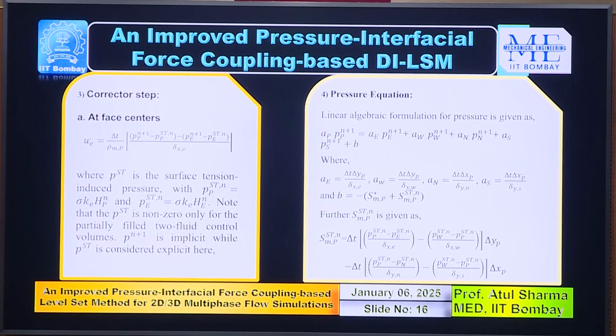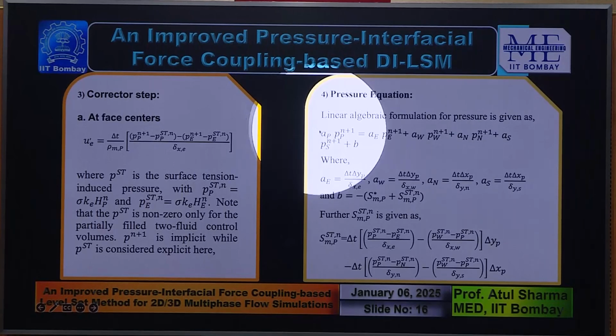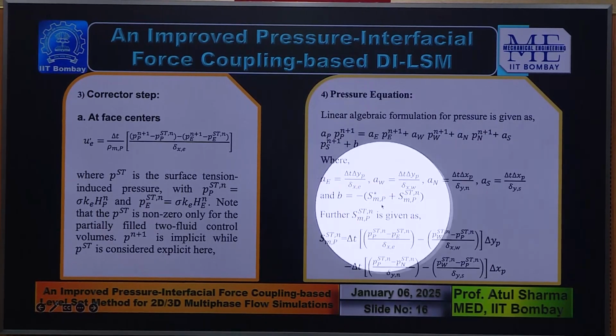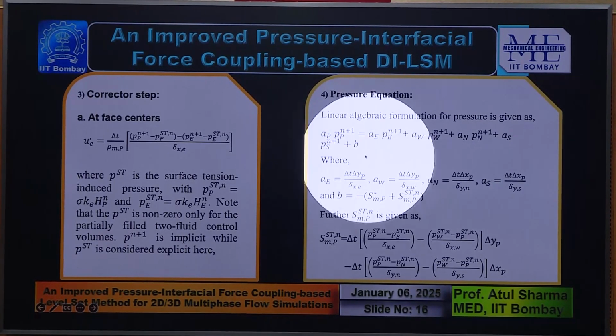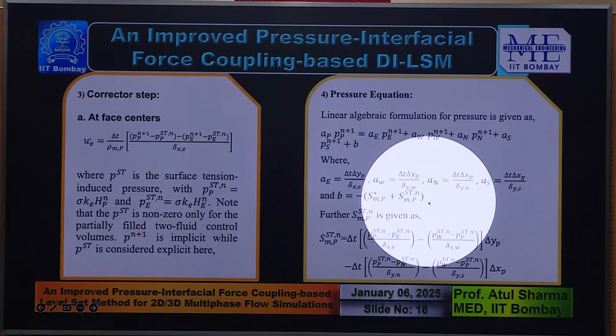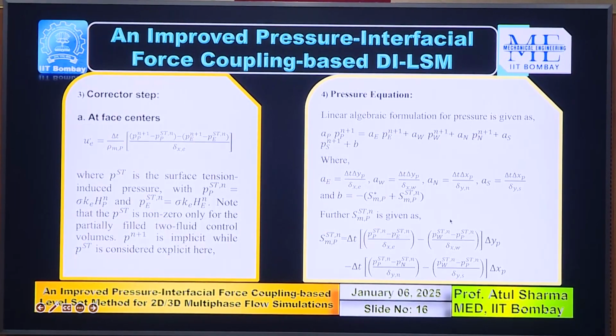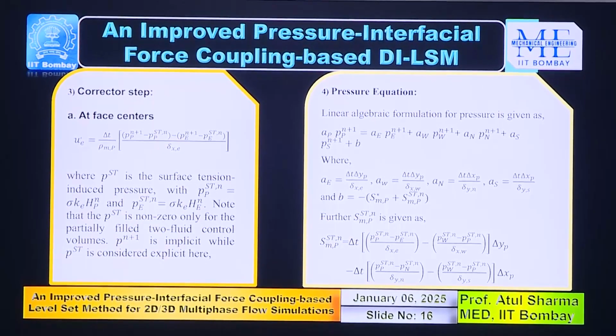In the corrector step, when you develop the pressure Poisson equation, you can see that the B term includes the surface tension term. So pressure and surface tension are coming in a single equation. This way, we are saying that this formulation has a better pressure-interfacial force coupling.